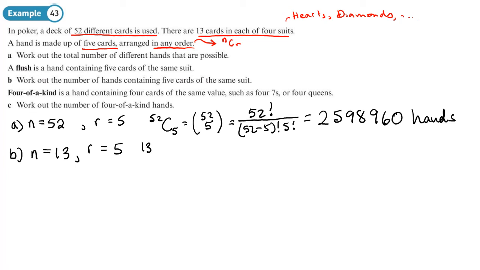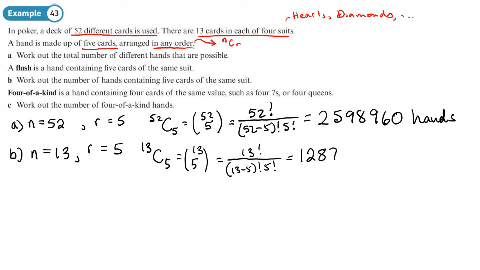So this is 13 C5, which is 13 over 5 in brackets, which would be 13 factorial over 13 minus 5 factorial times 5 factorial. So 13 shift divide 5, and we get 1,287. So this is for one suit.